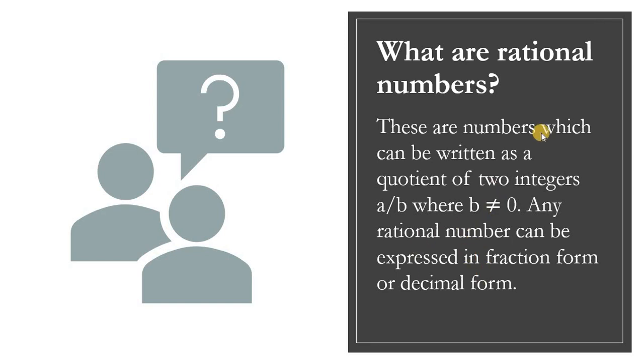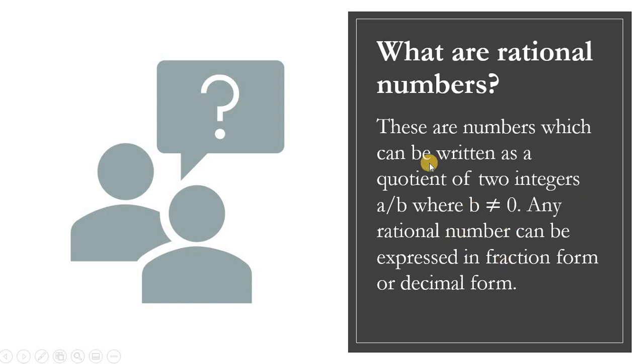These are numbers which can be written as a quotient of two integers, a over b, where b is not equal to 0. Okay, so kapag pwedeng i-divide yung dalawang integers where b or the divisor is not equal to 0, then that is already a rational number. Any rational number can be expressed in fraction form or decimal form.